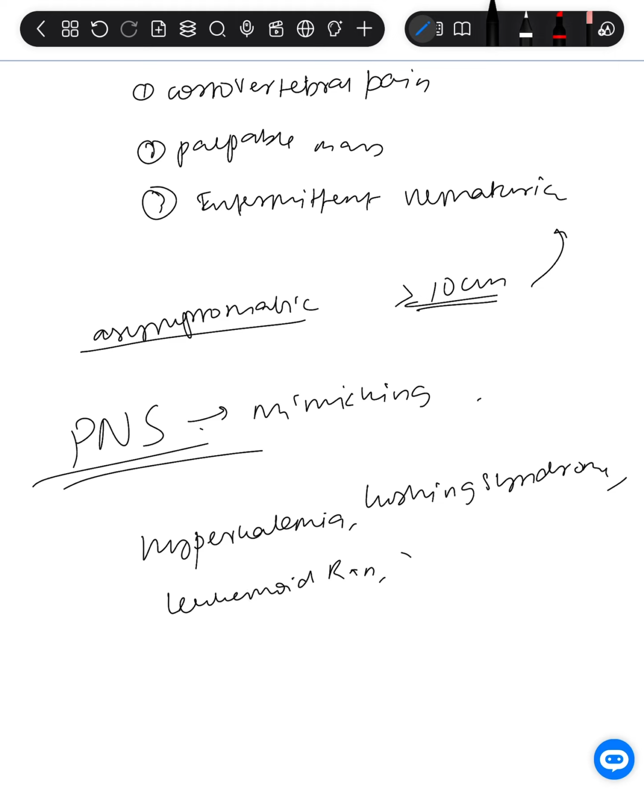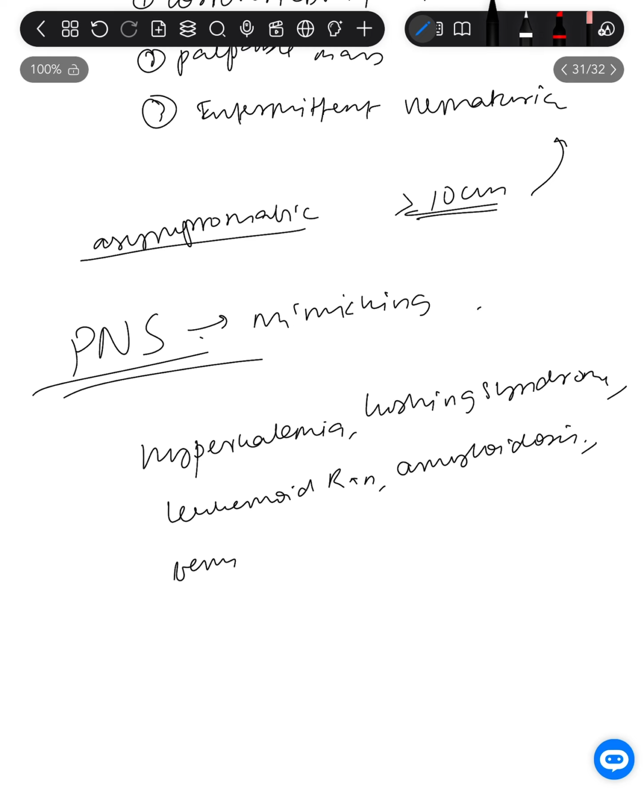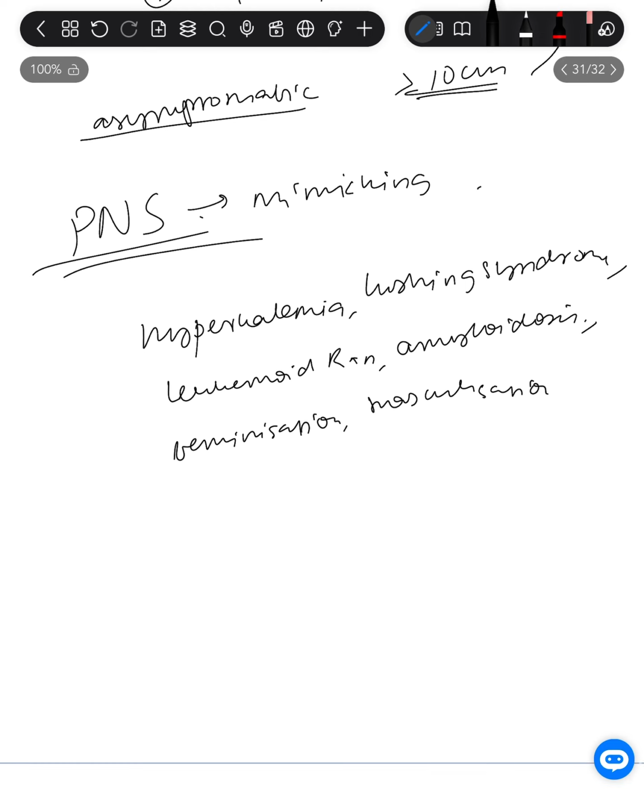It is mimicking amyloidosis. There are so many symptoms of these also. Then there could be feminization, there can be masculinization, then there can be hepatic dysfunction. All these are happening.